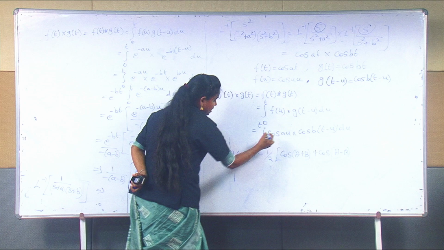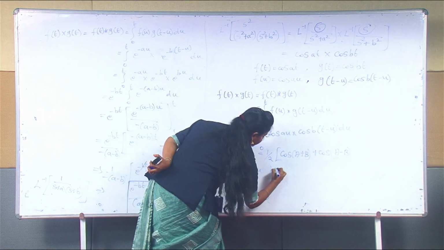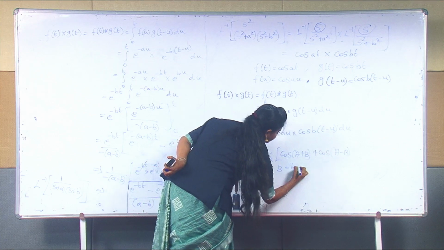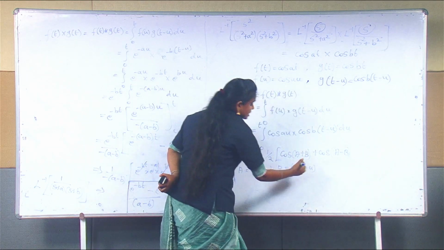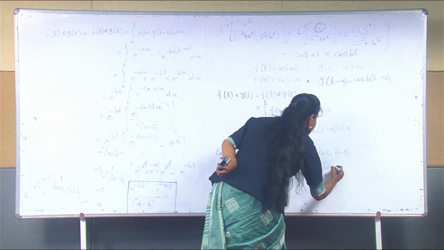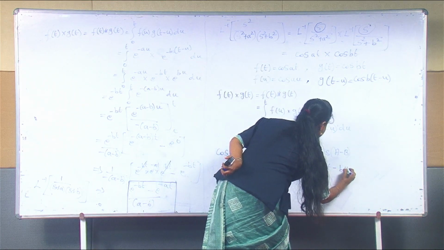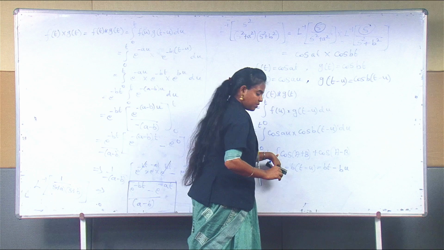Okay, here what is your A? A is considered as au and B is considered as b of t minus u together. This we can separate as bt minus bu. Just substitute this A and B in this equation.